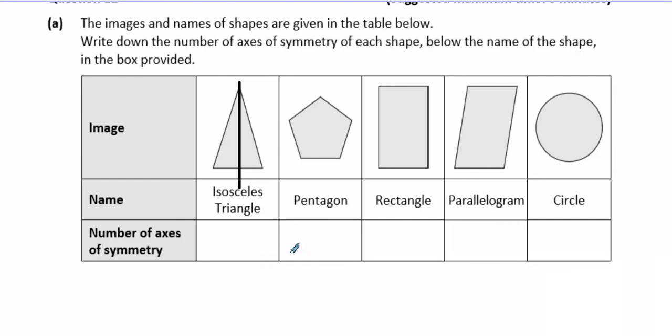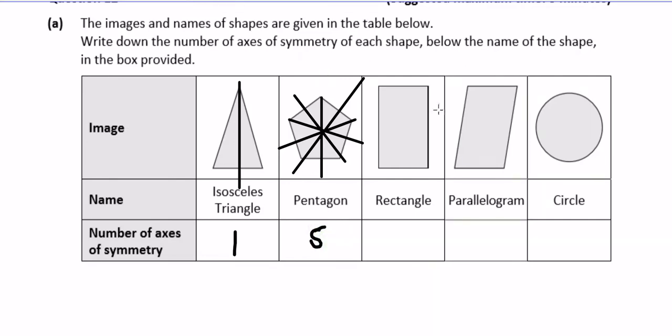So an axis of symmetry, there'd be 1 in an isosceles triangle. In a pentagon, any angle can be split in half, so I think we're looking at 5 axes of symmetry here. So yeah, that's 5 axes of symmetry for the pentagon.